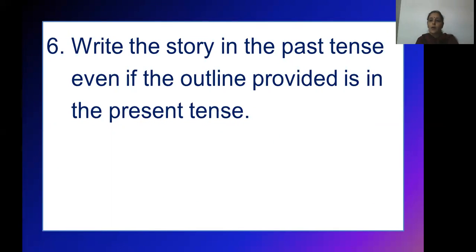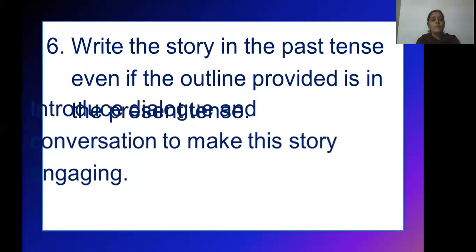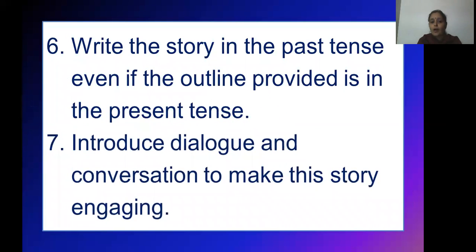Even if the outline given to you is in present tense, you have to write the story in past tense. Why? Because you're narrating a story that has already happened in the past. Introduce dialogue and conversation to make the story engaging. Wherever required, you can introduce dialogues or conversations so that the story becomes more interesting.